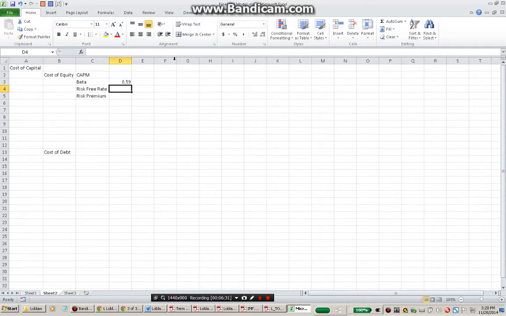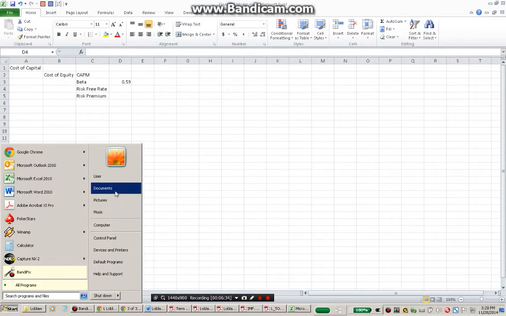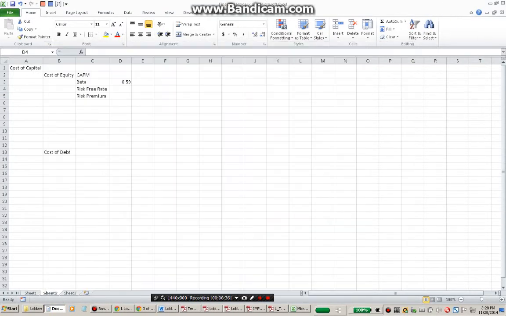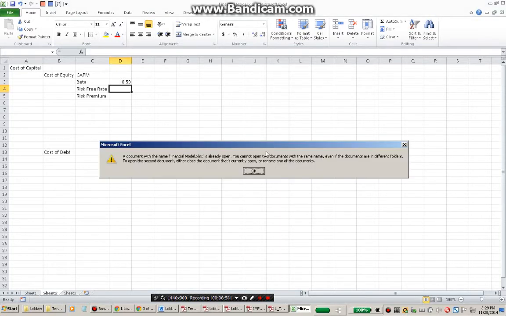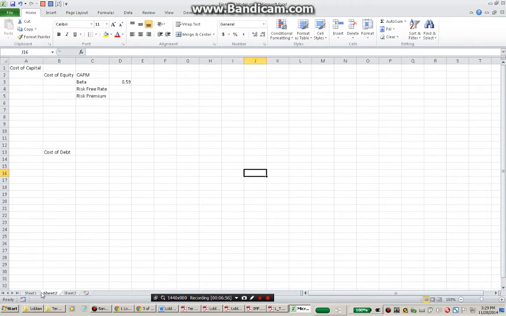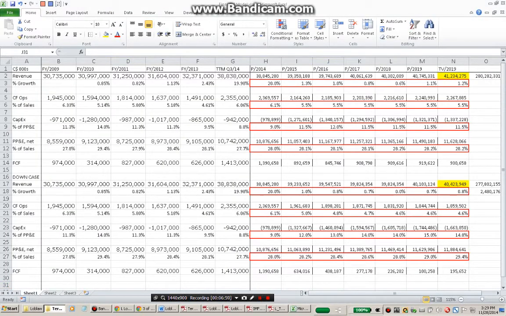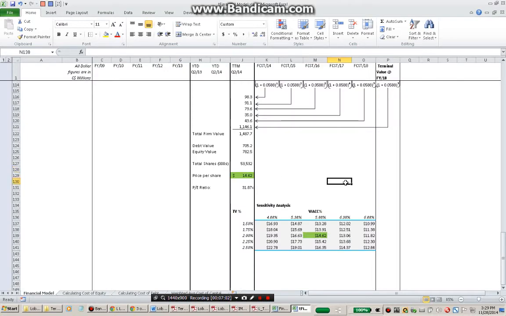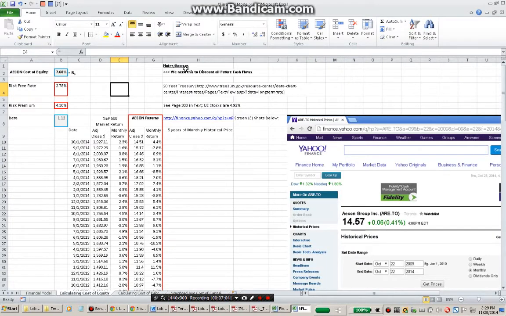5.9. Risk-free rate. Now we had found a risk-free rate in our project that I posted online in the AECon example. Just opening it up here. Financial model's already open. Okay, so we had our risk-free rate, and this is the US source.